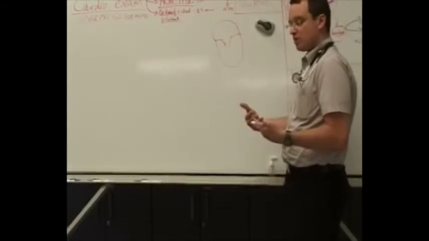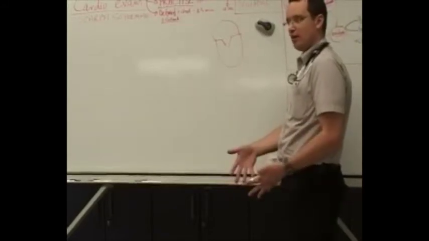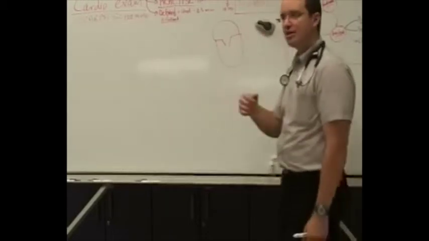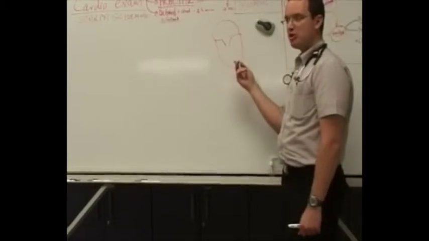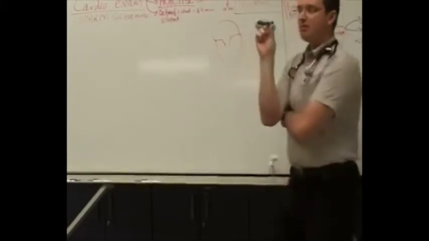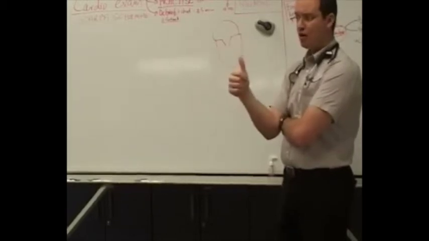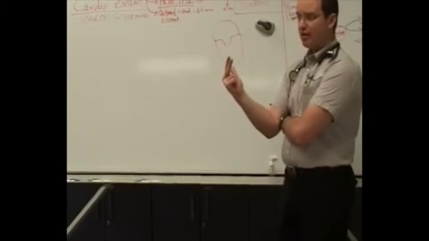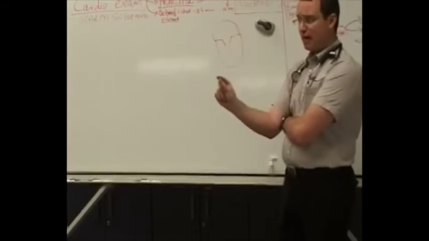But because it can be quite stiff, it also opens quite forcefully. And that's why you can get an opening snap, which is a loud opening of this valve. So the classic mitral stenosis murmur is characterized by a loud S1, an opening snap, and a diastolic rumble murmur, which is accentuated towards the end of diastole.